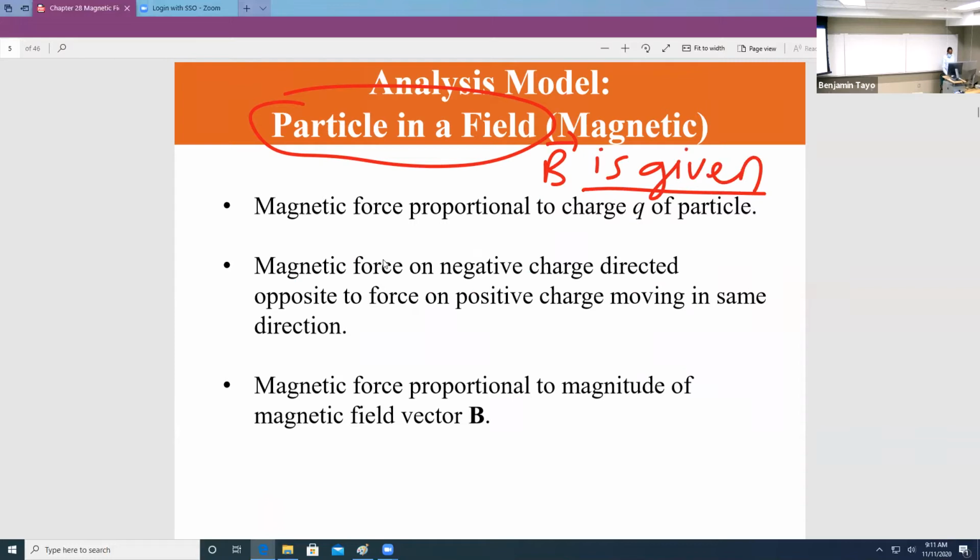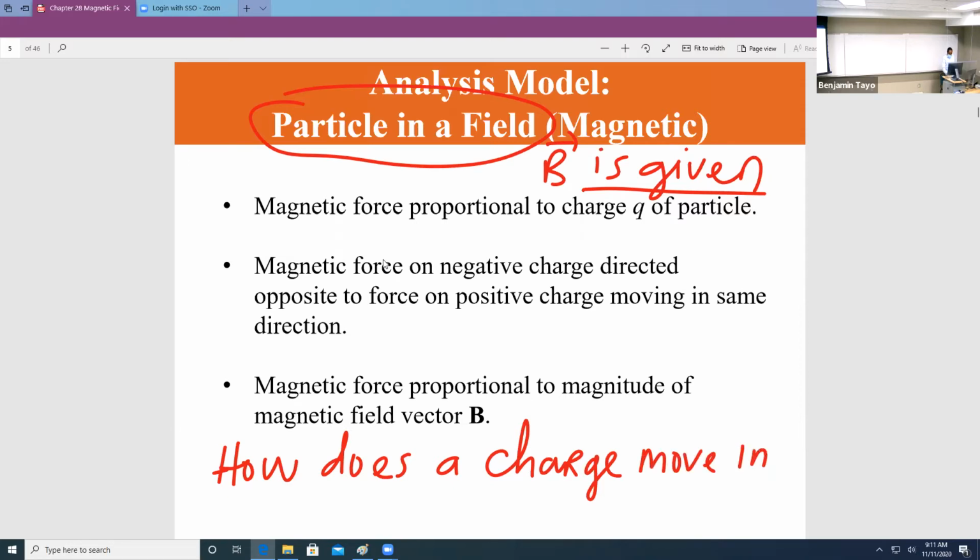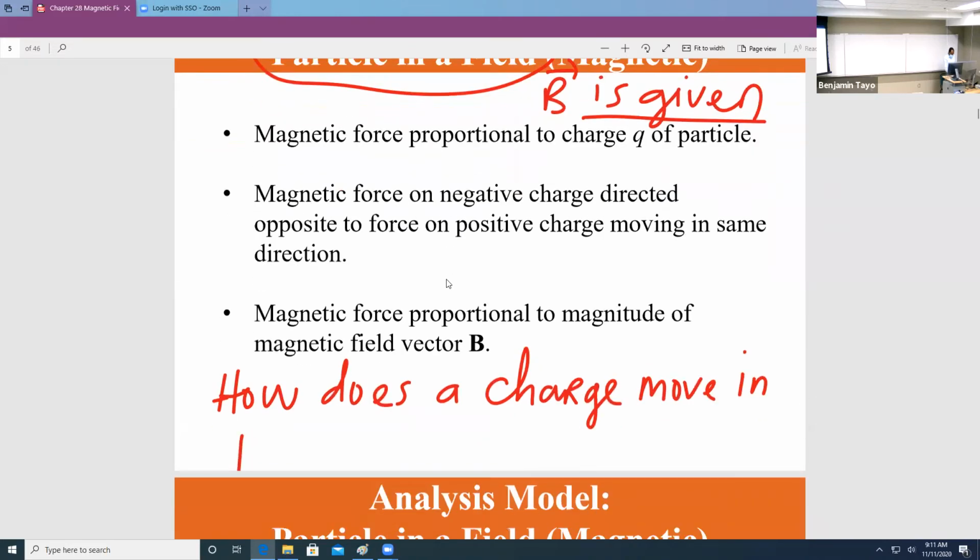And I want to ask myself, how does a charge move in the presence of the magnetic field? So that's what we're interested in.